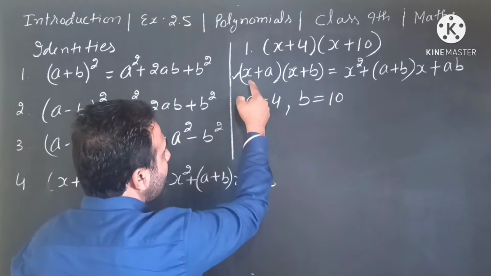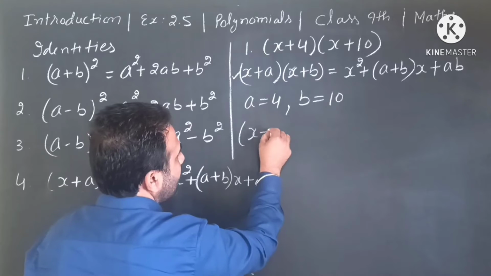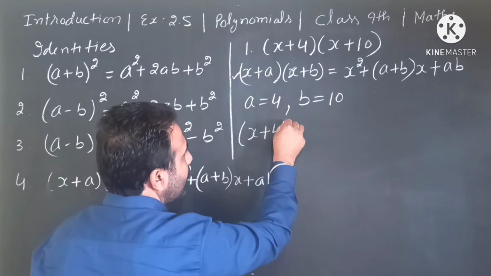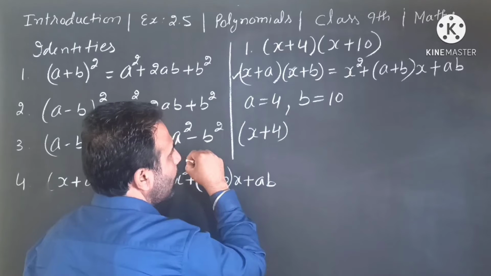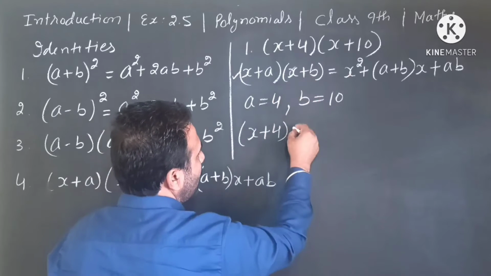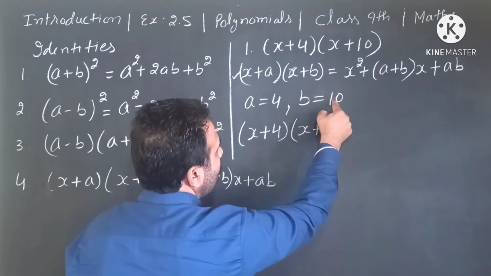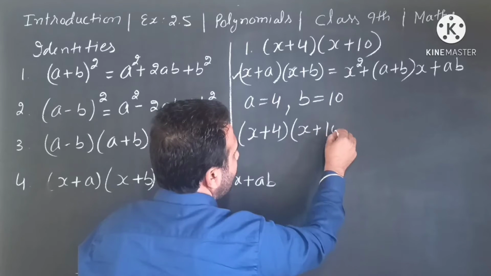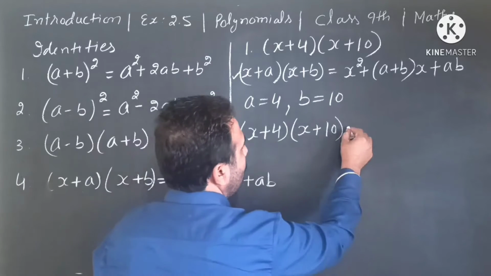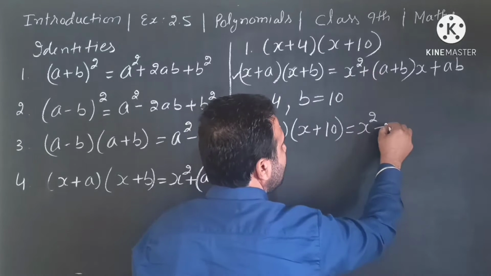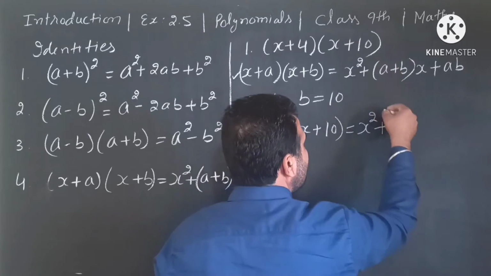So how will we write? x plus a, the value of a is 4, so we write 4 here. Then x plus b, the value of b is 10, we write 10 here, equal to x² plus, as it is, and then the bracket starts.